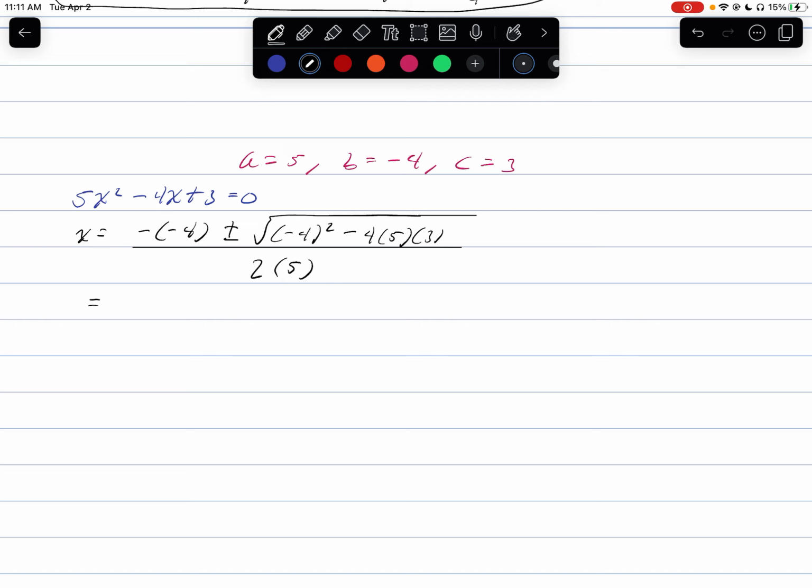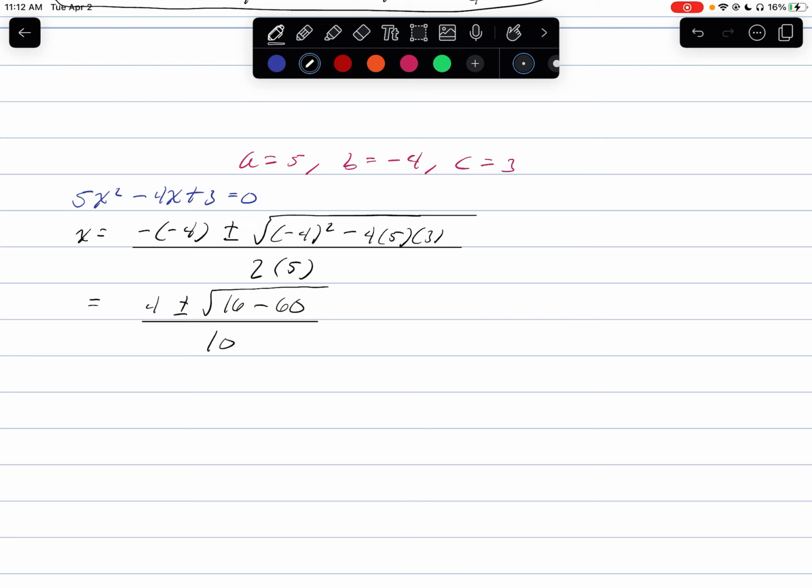So we have negative 4 is positive 4, plus or minus the square root of negative 4 squared, which is 16, minus 4 times 5 times 3, so that would be minus 60. And this is all going to be over 10.